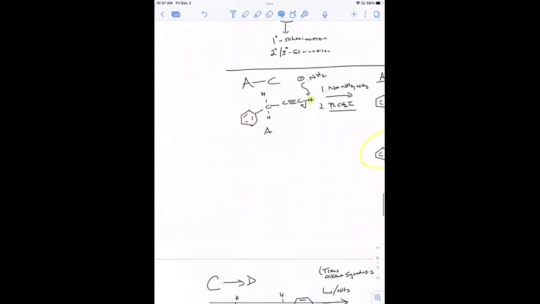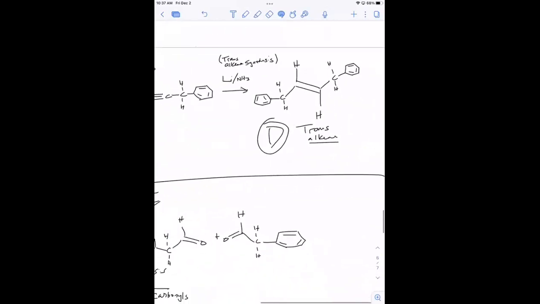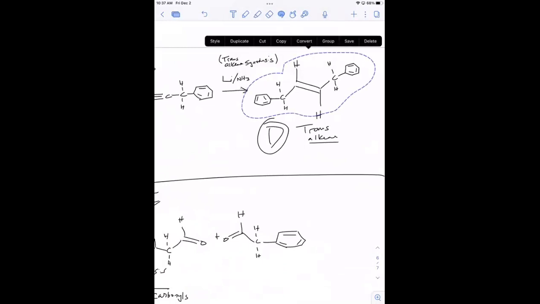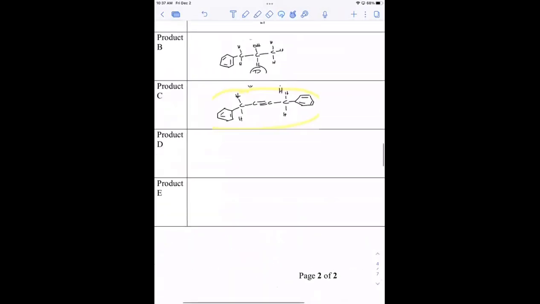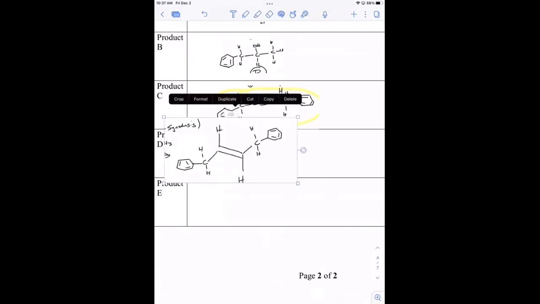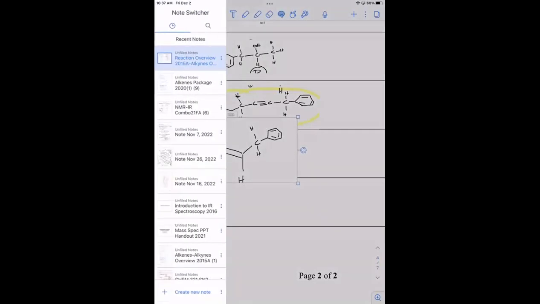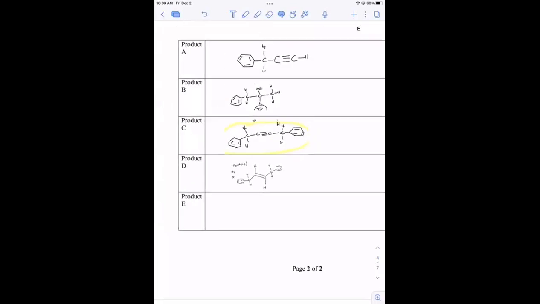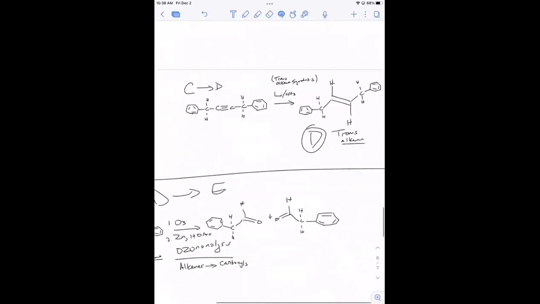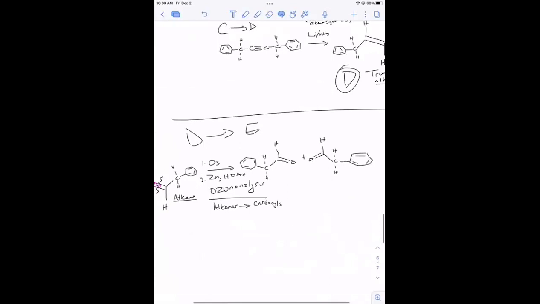And then D was here, is that right? The trans alkene. And then product E was the ozonolysis product, so here, these two aldehydes.